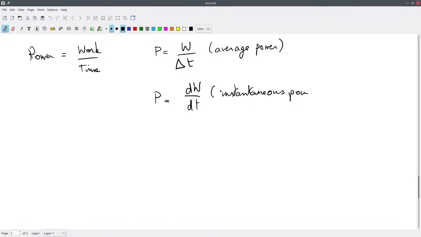So this comparison between average and instantaneous is of course something we've seen before.